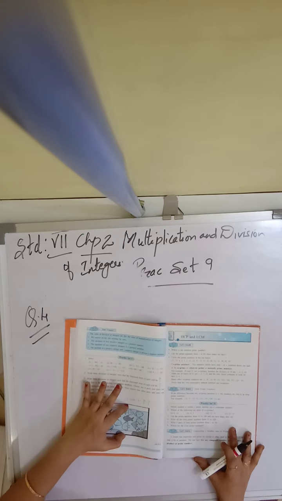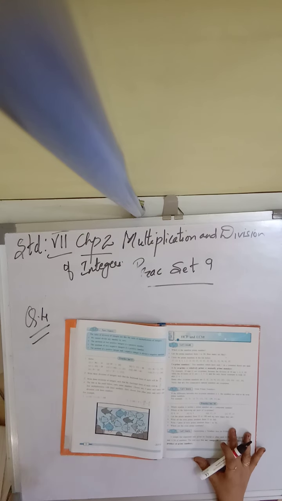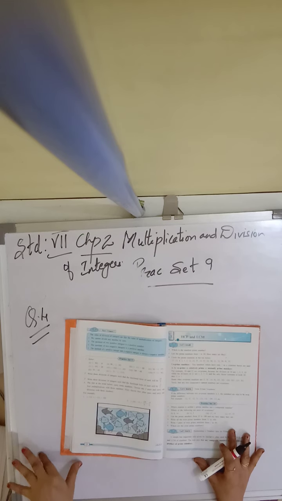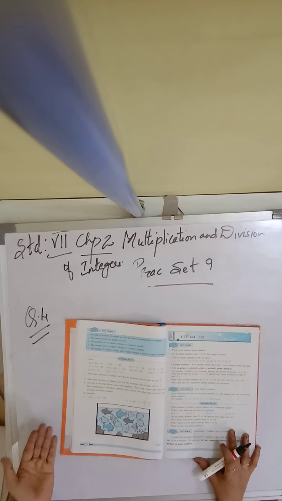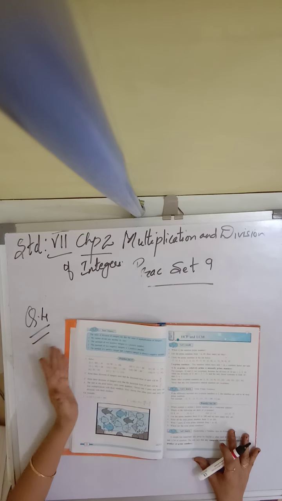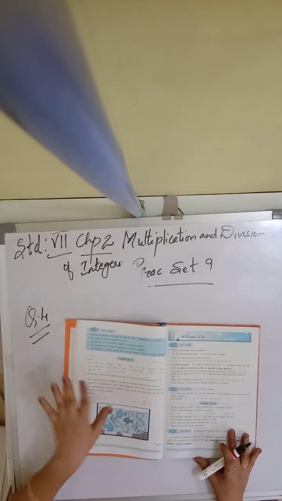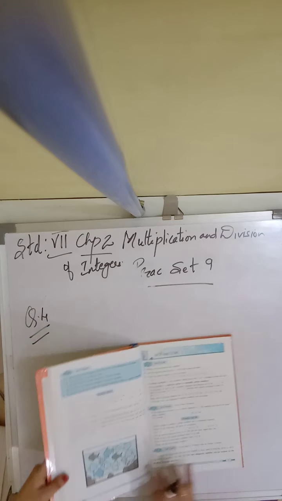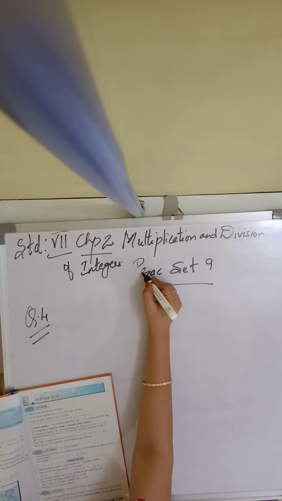First draw this fish tank along with the numbers. Below that, first give the heading multiplication of integers and take 4 examples, and then division of integers, 4 examples. I am showing one example, then you are going to choose your numbers and frame the multiplication pair and division pair questions of your own.